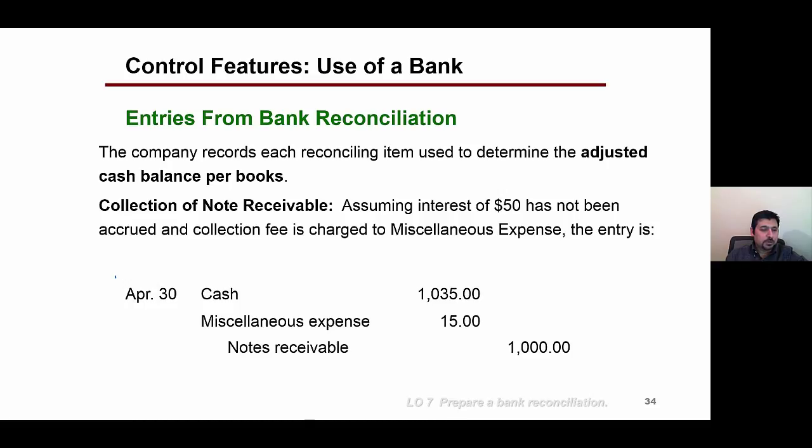At this point, the company has also earned an interest revenue of $50. This is why we were saying that the interest has not been accrued. It has been earned directly. So at this point, both sides, total debits and total credits, are equal.